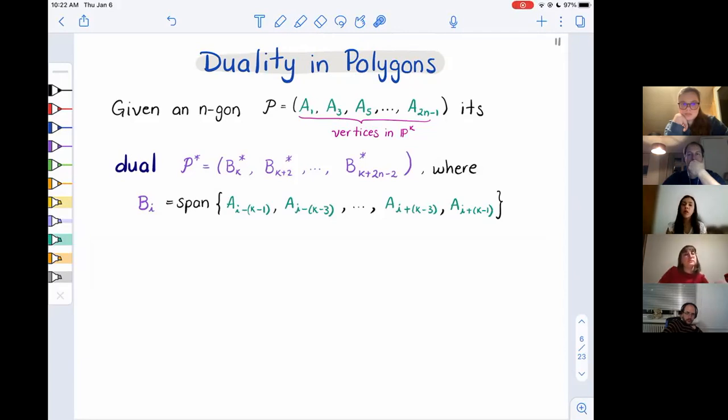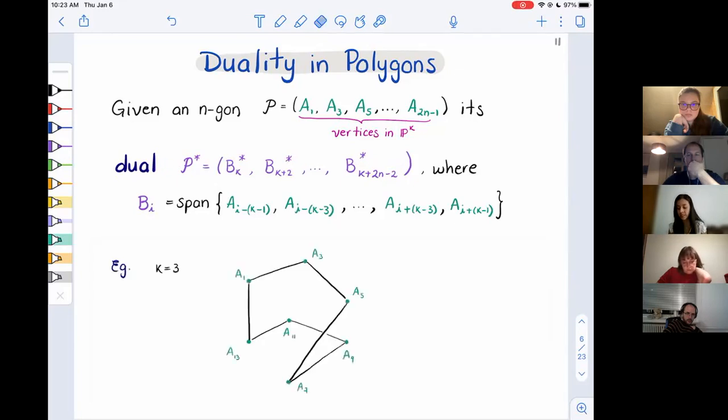And then the dual polygon is going to be defined as follows: I take my polygon and I take consecutive vertices, as many as I need so that they can span a hyperplane. And given that hyperplane, I can consider the element in the dual space. And those are going to be the vertices of the dual polygon.